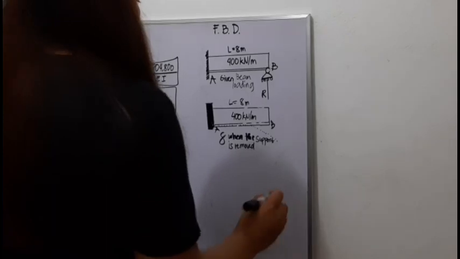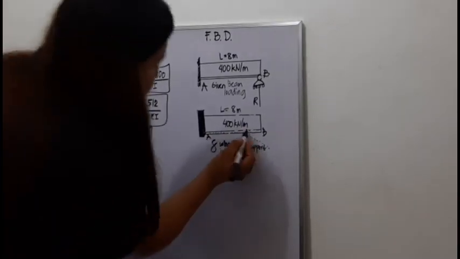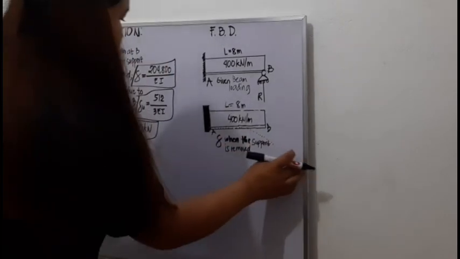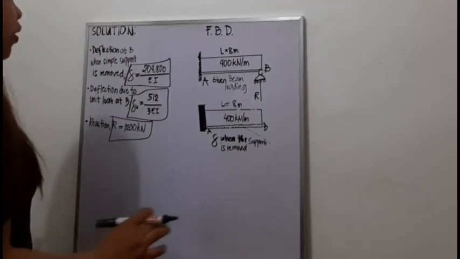As you can see, this is the free body diagram of the beam when the support is removed. And the third free body diagram.